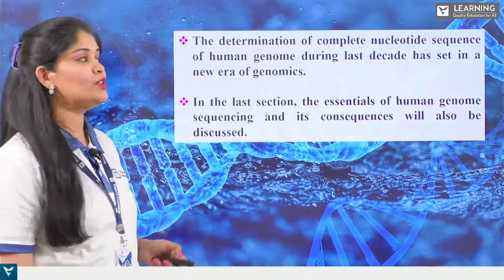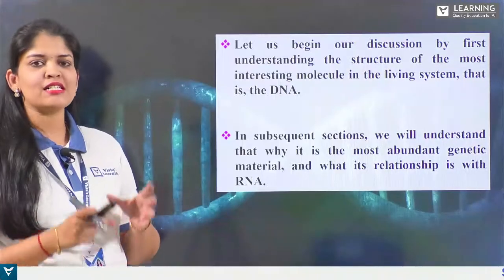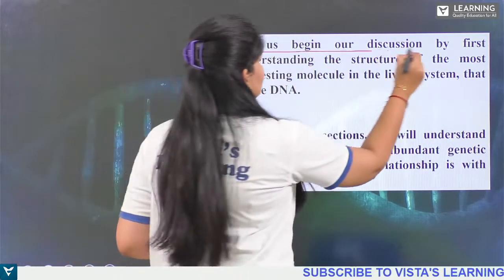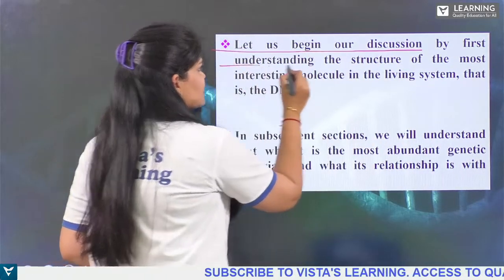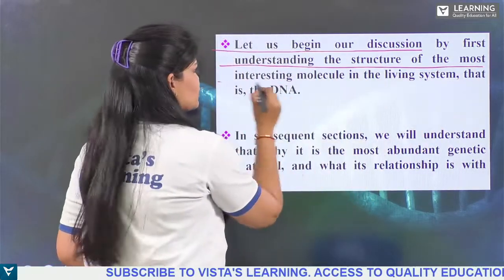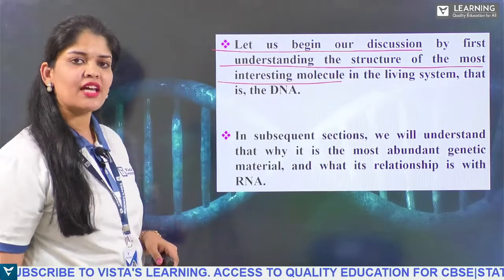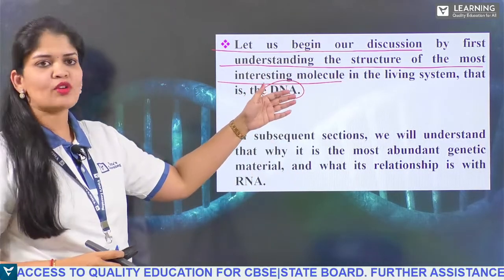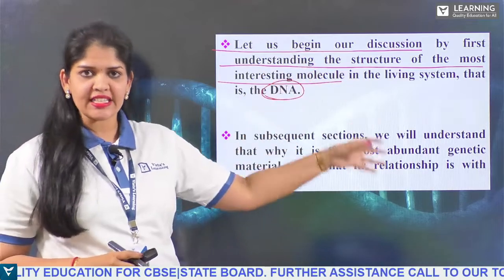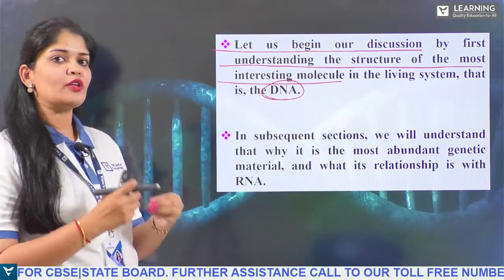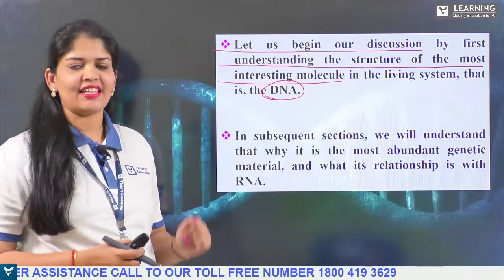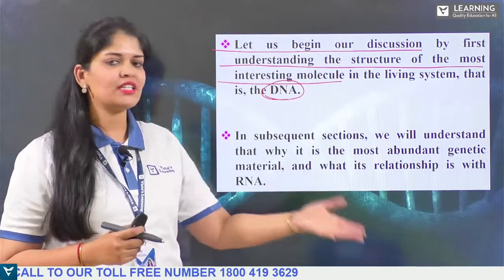Before that, we need to first focus on the structure of DNA. Let us begin our discussion by first understanding the structure of the most interesting molecule in the living system, that is DNA. As we already know, DNA acts as a genetic material in most of the organisms, and how it shows its relationship with another nucleic acid, that is RNA, how the DNA relates itself with RNA.